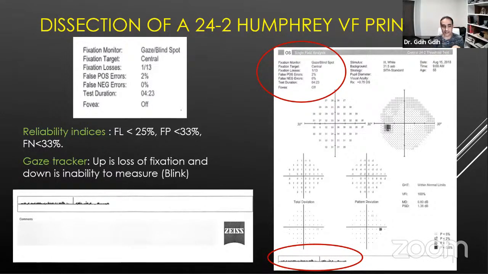It's like a little camera that looks at the patient's eye and follows it. See this line below? It will give us either an upward or downward line. If it goes up, the patient lost fixation. If it goes down, the patient blinked at the time of the stimulus. So the more zigzag you see, the more unreliable the test is. The more straight the line, the more reliable the test.